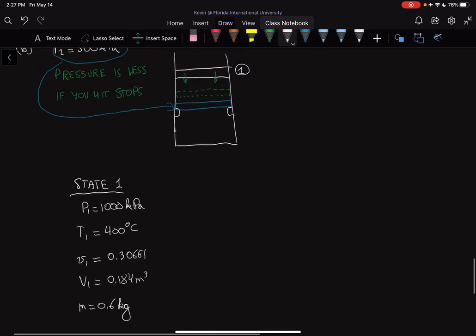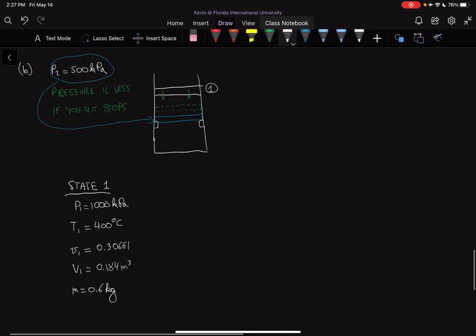And now, at our new state 2, we are told that pressure 2 is equal to 500 kilopascals. Since we know our pressure 2 and we know that the piston has hit the stops, what does that mean about volume 2?